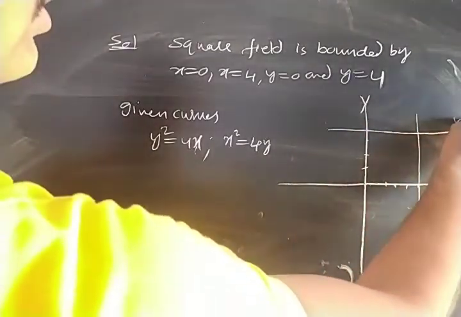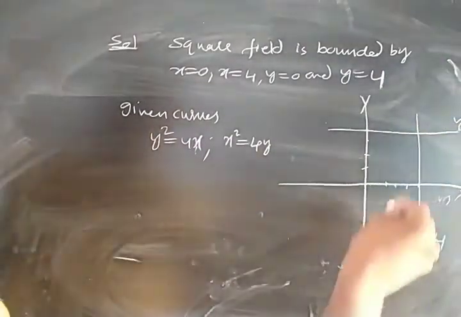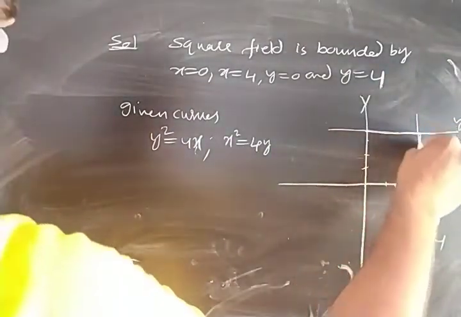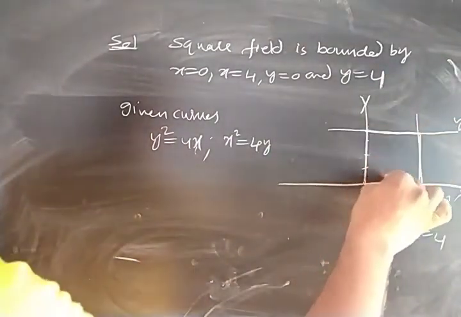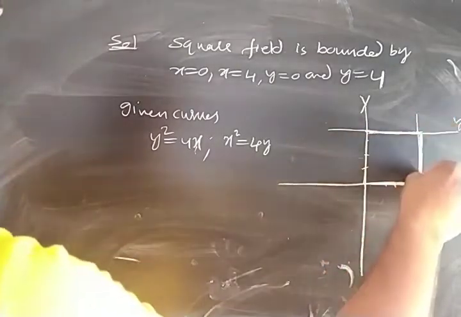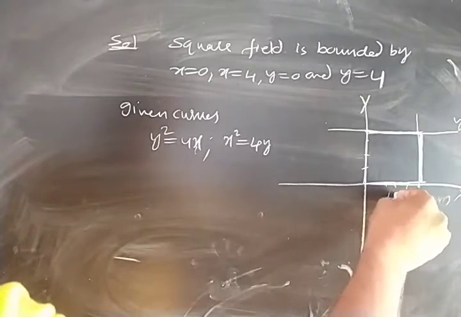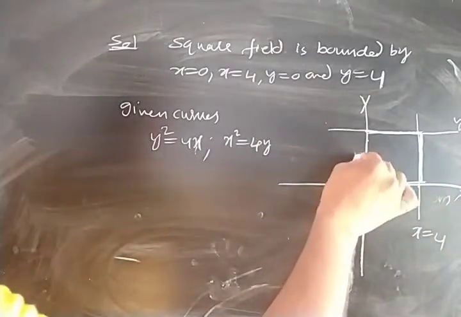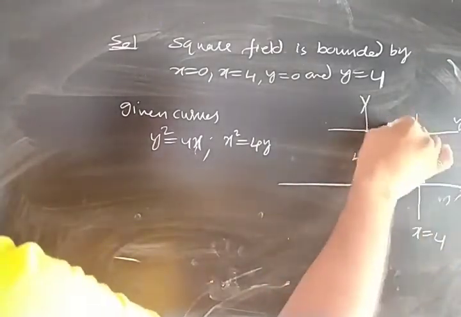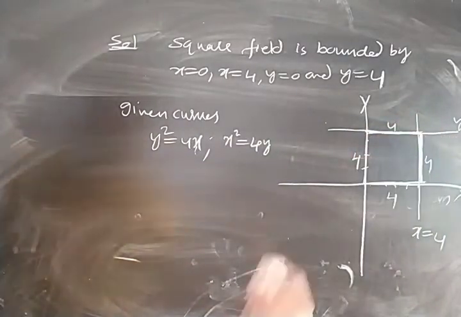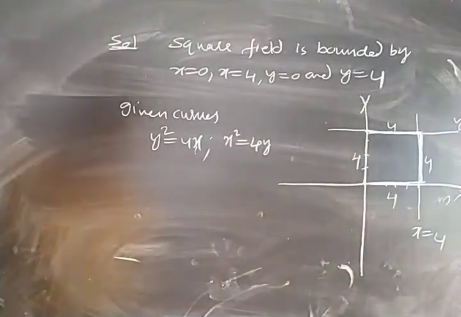So this is the required region. The field is in the form of a square, and each side length is 4. So we can find the total area of the field.